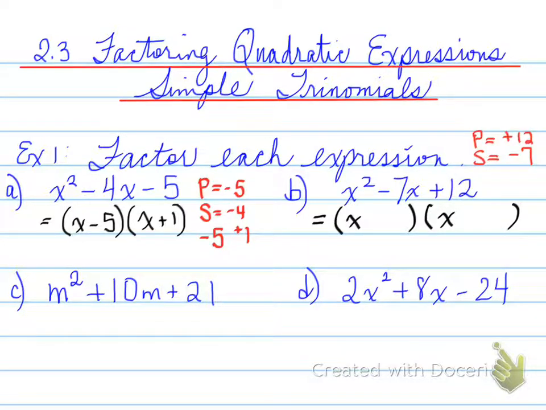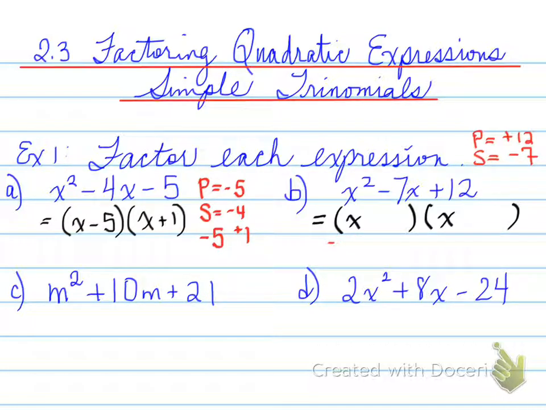Alright, so now we're going to see how we're going to get that. What two numbers multiply to give us 12 and add to give us -7? Hopefully you're thinking, well, let's try -12 and -1. That gives us +12 for multiplying, but when adding, that does not give us -7, so that one doesn't work.